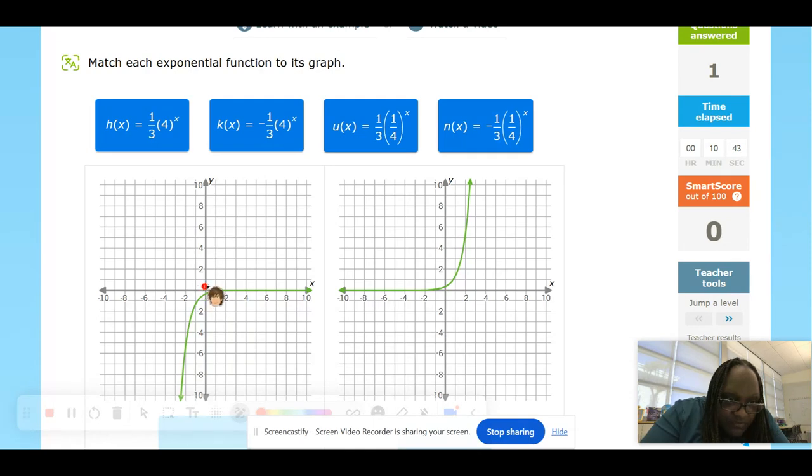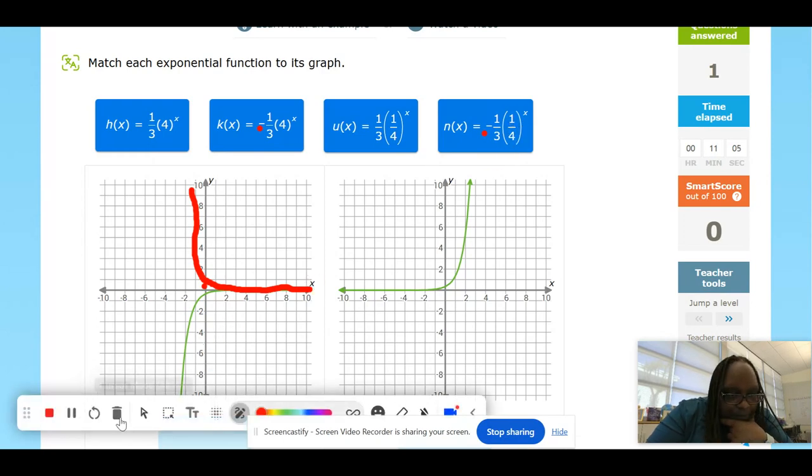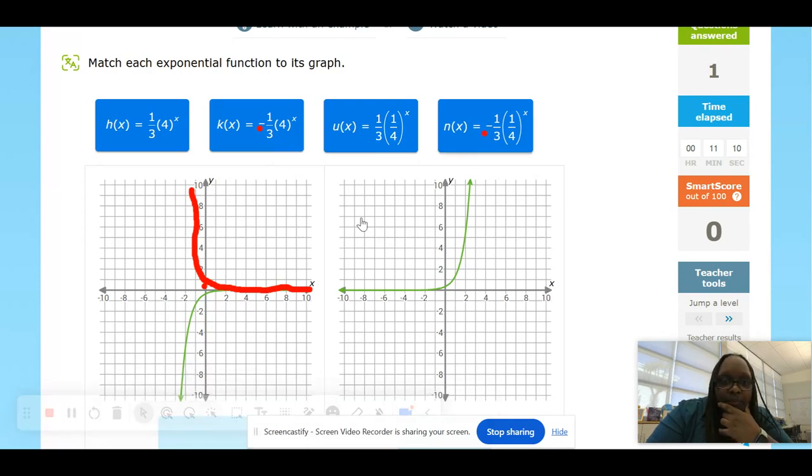So it would have looked like, and again, this is not perfect, but this is a reflection over the x-axis. So now this would have been a decay, right? So out of these negative y-intercepts, I'm going to use this one here because it should have been a decay. So let me change that.